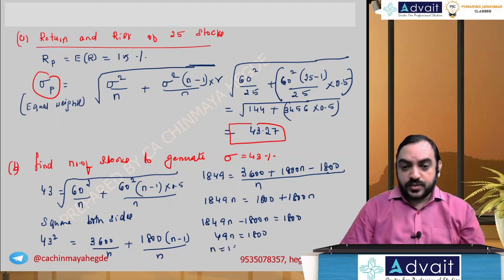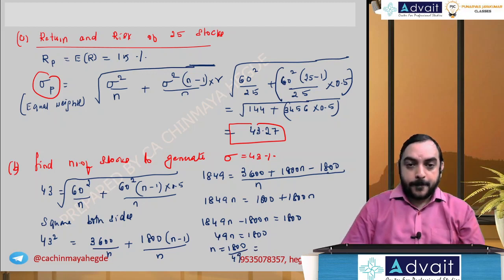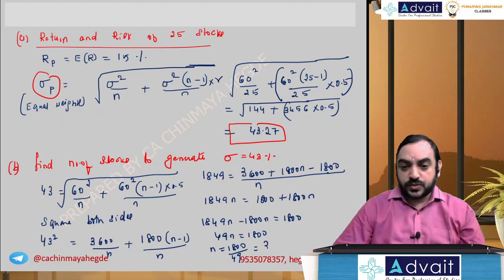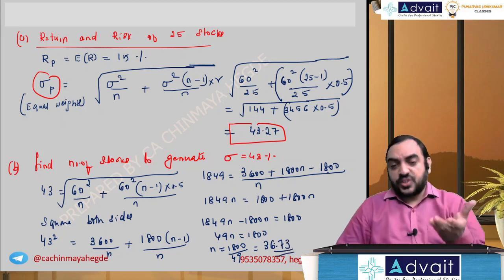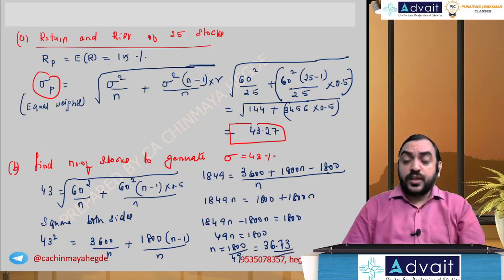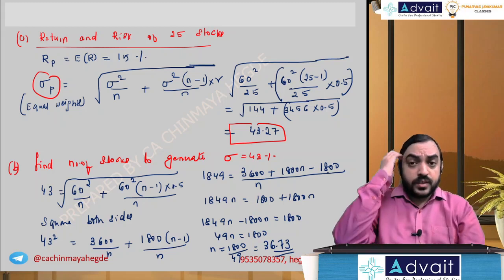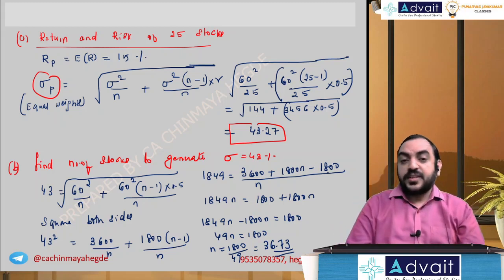So n equals 1800 divided by 49, which is 36.73, so 37 stocks. So if I have at least 37 stocks, then I will be able to reach a portfolio risk of 43%.